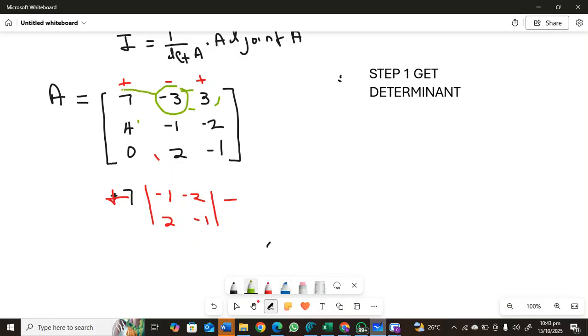So you cross out this 7 here, you cross out this 3 here, you cross out these numbers below 3. So we make our small matrix here. Outside we put here -3. Then we make our small matrix: 4, 0, -2, -1.